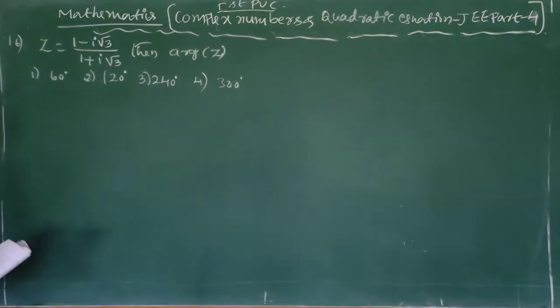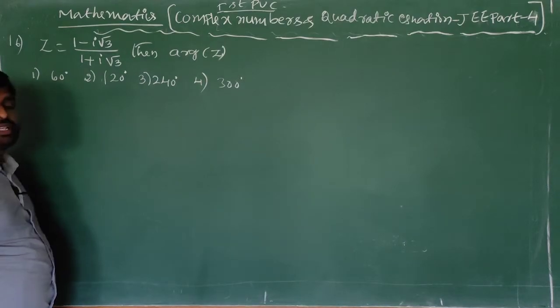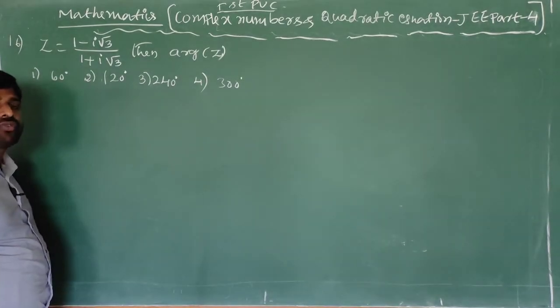Dear children, Z is equal to (1 minus i root 3) divided by (1 plus i root 3), then argument of Z.